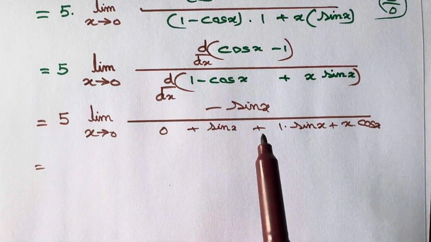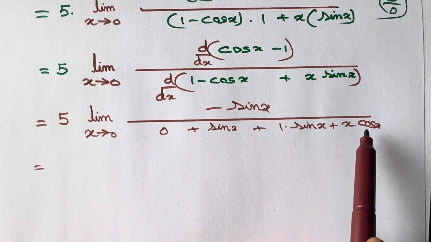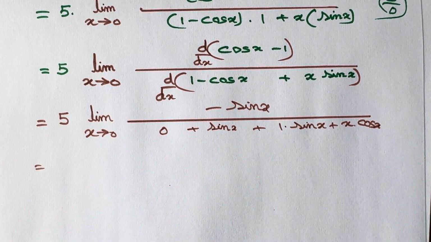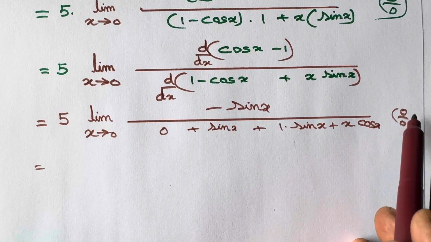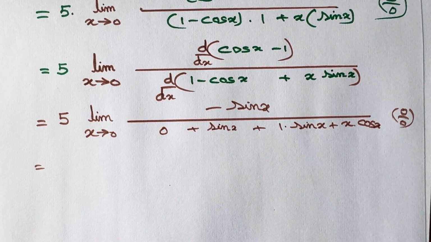Okay, as x tends to 0, numerator tends to 0, and denominator also tends to 0, so it is still of the type 0 by 0 form. We can apply L'Hopital rule once again. However, it will be easier if we just divide numerator and denominator by x. Let's do it.